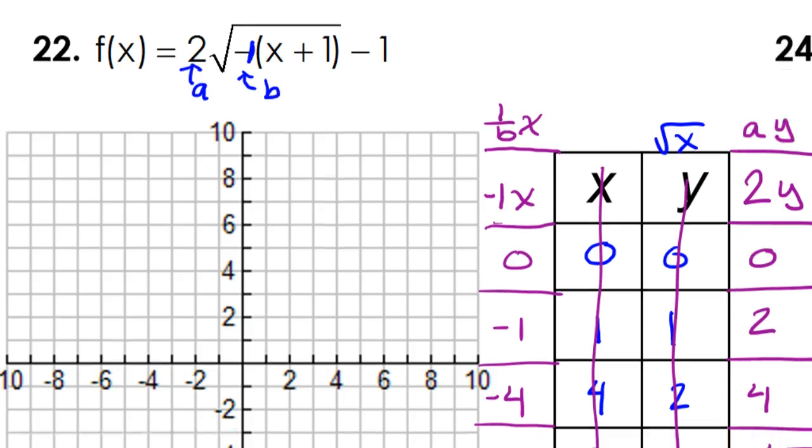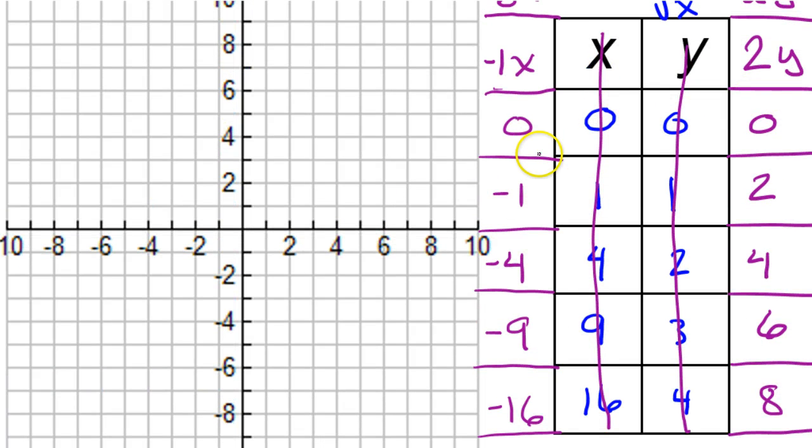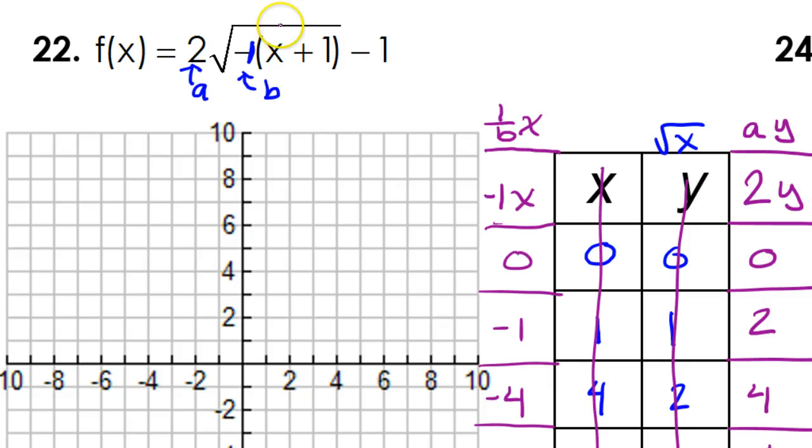And by multiplying all of these x values by -1, we have achieved a reflection over the y-axis. Alright, all the x values are the opposite of what they were. That means they're on the other side of the y-axis. Alright, so we've done both of those transformations.